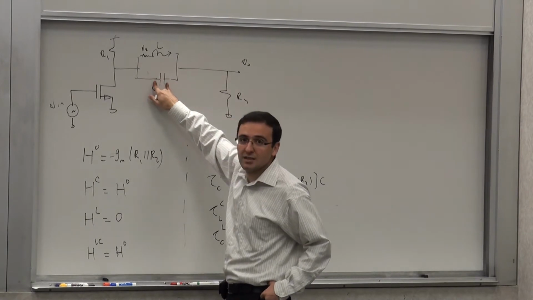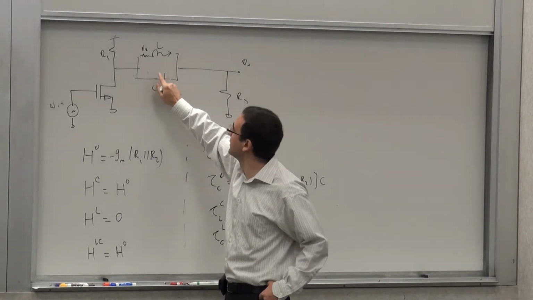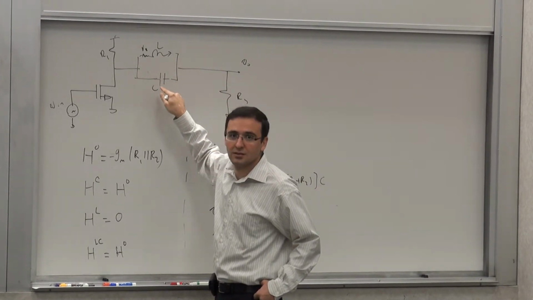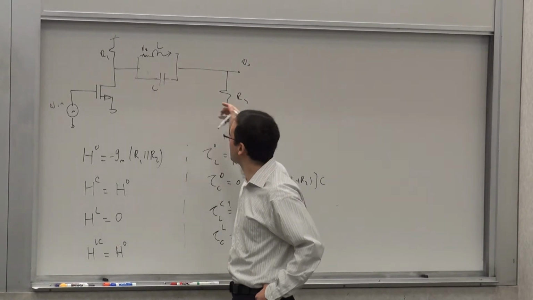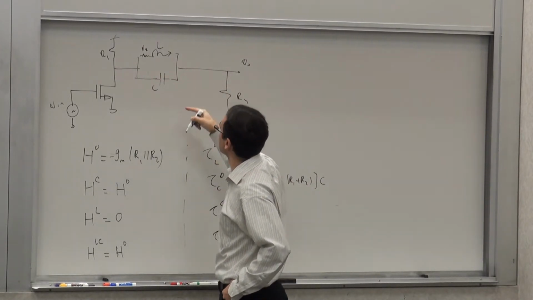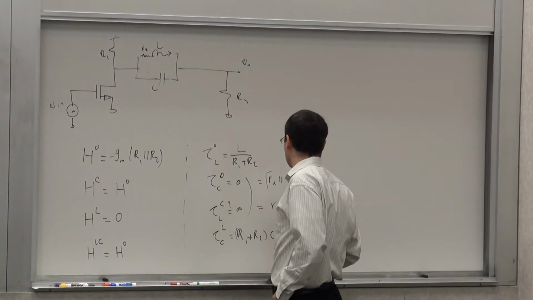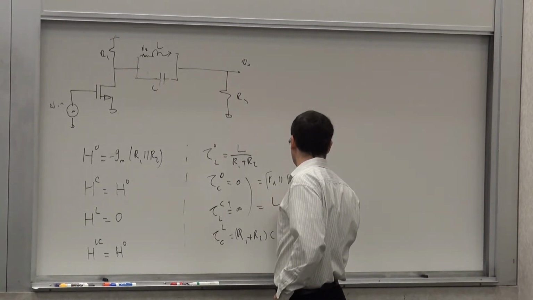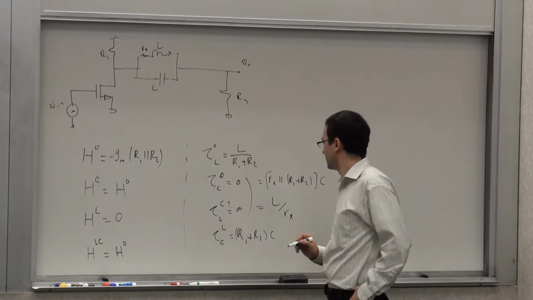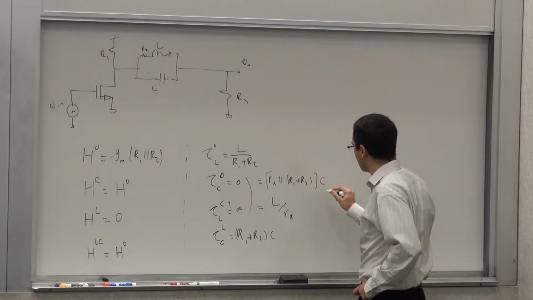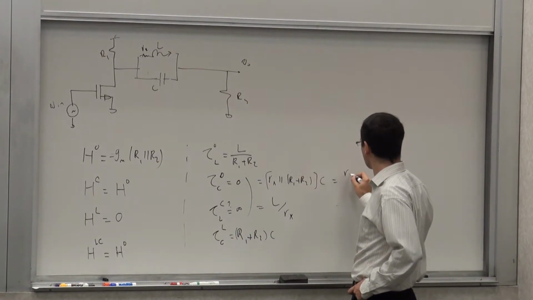When this one is shorted, what is it? It's Rx, right? It's shorted across here, so that doesn't matter. So it's basically L over Rx. Okay? So you multiply these two. Let's express this in terms of Rx.